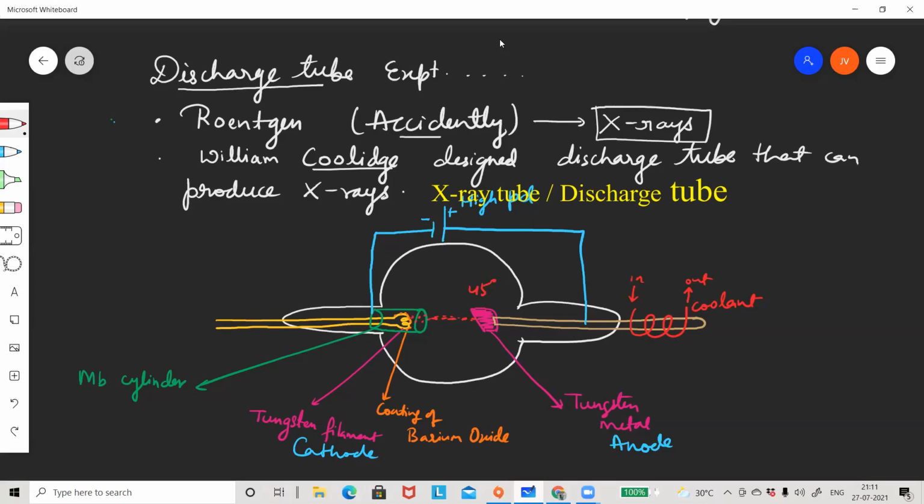There must be some reason behind this 45 degrees hitting. As a result, the immense amount of heat energy that is produced will be absorbed by this copper and cooled. In this process, some amount of rays are generated.